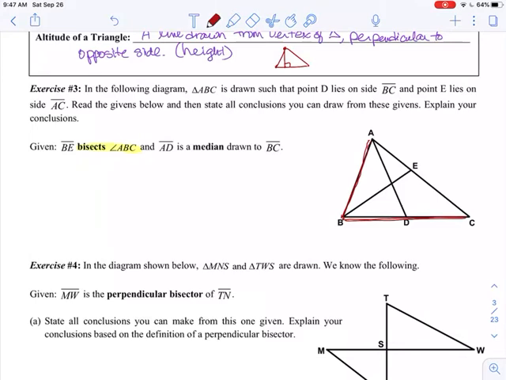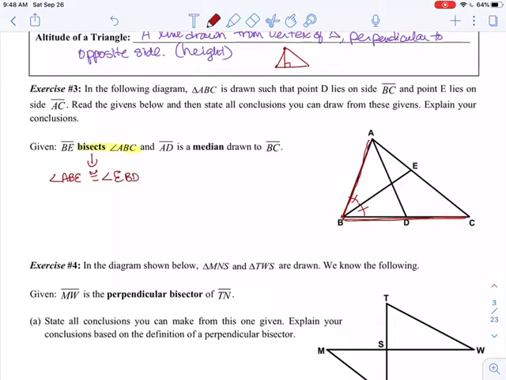If I'm bisecting the angle, I am cutting the angle in half. The result is going to be I'm going to have some angle congruent to some angle. So basically it's going to be this angle on top, angle ABE. I'll use the 3 letters. You can also put numbers into your picture. That would be fine. And this angle on the bottom, it's congruent to angle EBD.